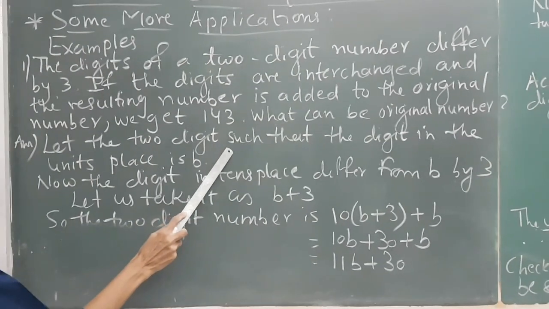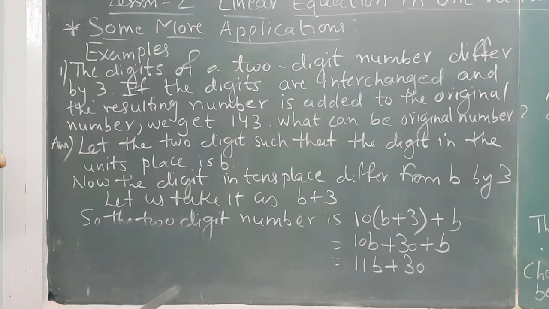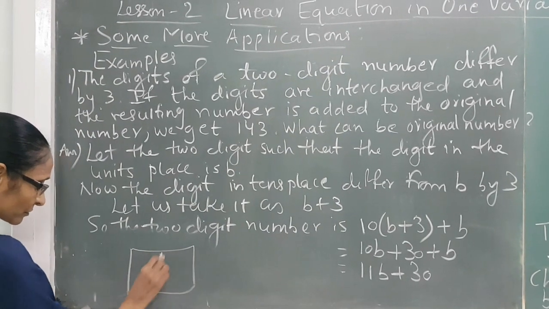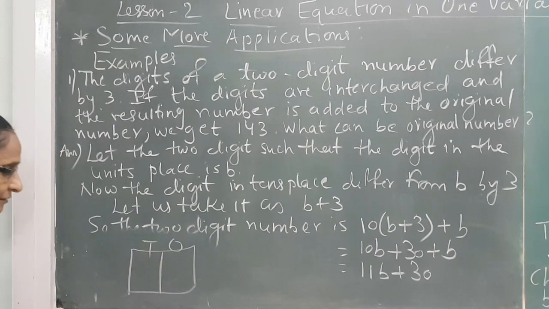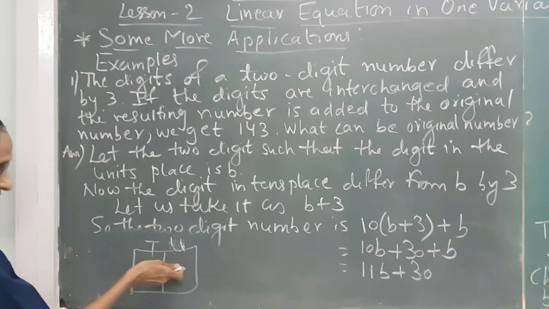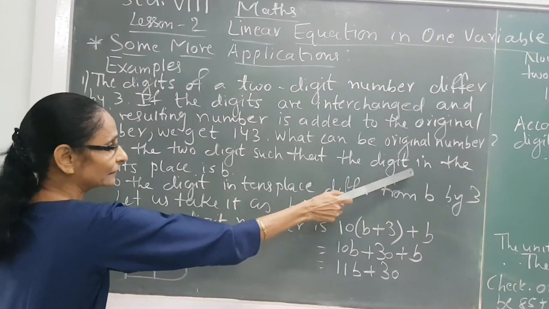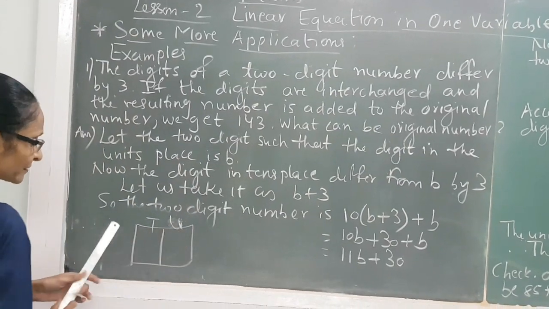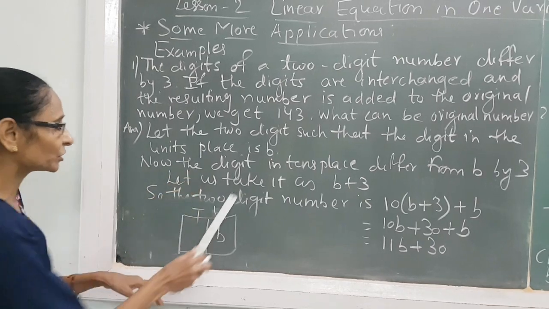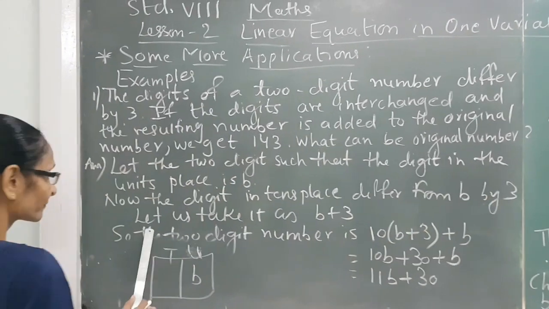Now let the two-digit number be such that the digit in the units place is B. Now it is a two-digit number, so ones place and tens place. This is also known as units place. So we are supposing the units digit as B. Now the digit in the tens place differs from B by 3.